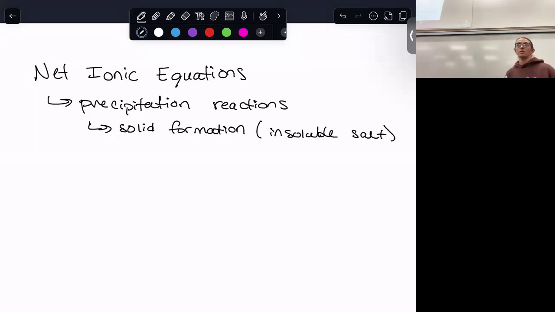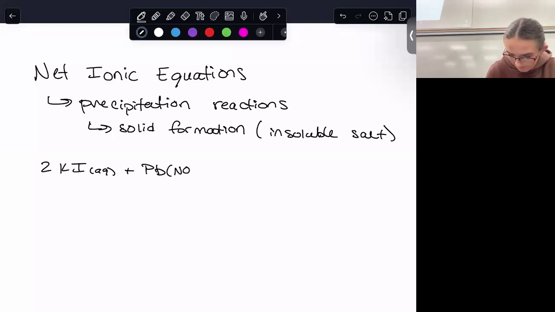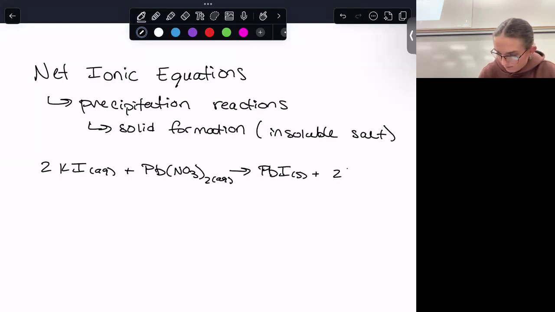Yep, so the example that they give in your slides is 2KI aqueous plus Pb(NO3)2 aqueous forming PbI2 solid and 2KNO3.